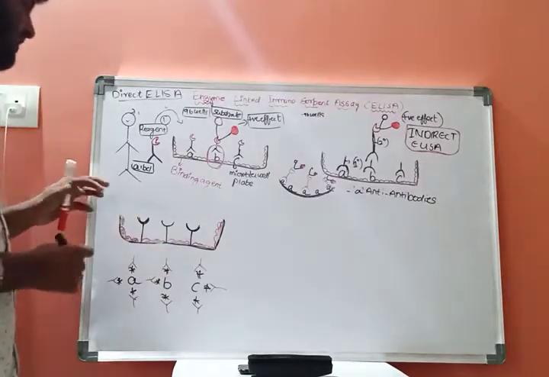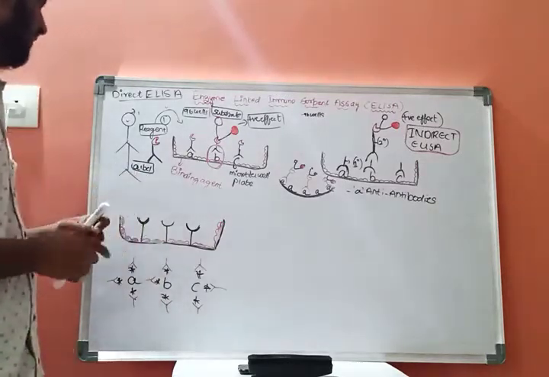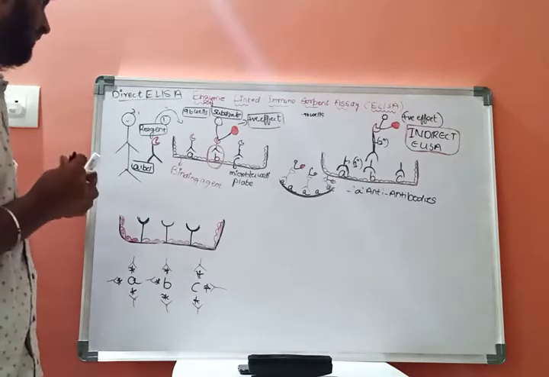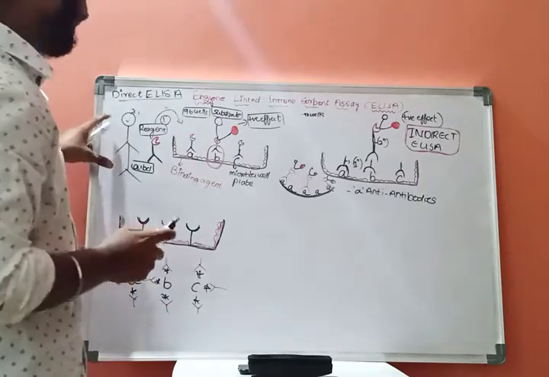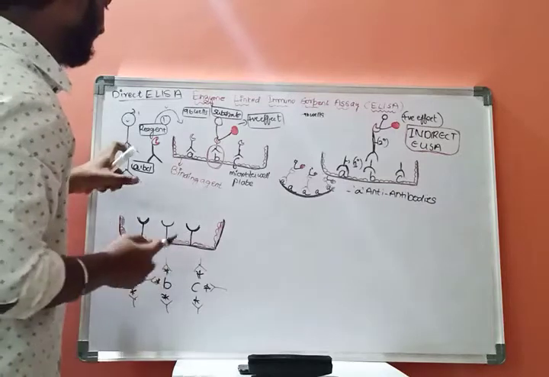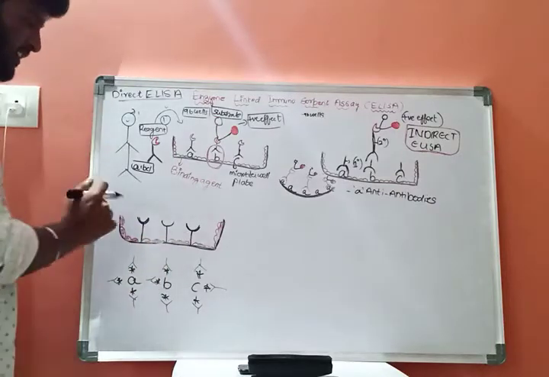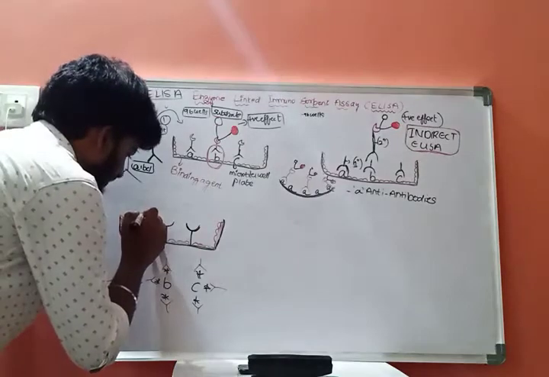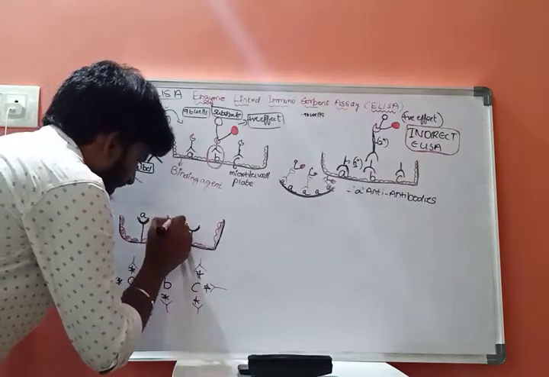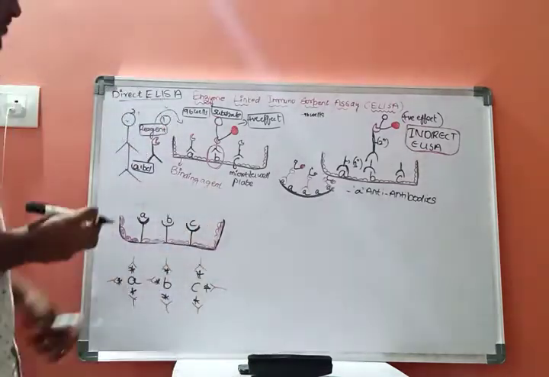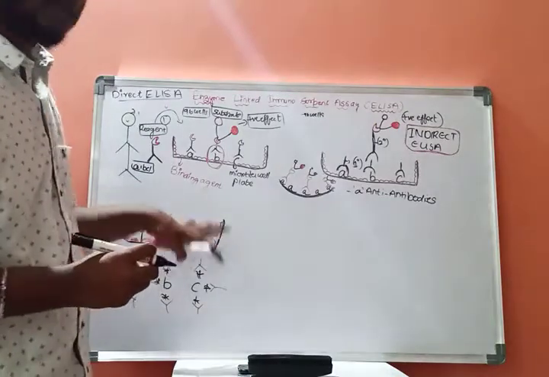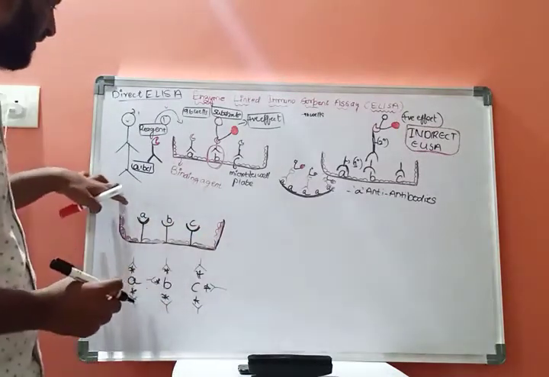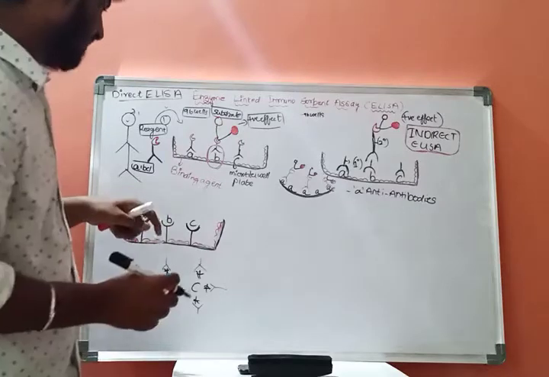And let us take plasma from this person, and it contains antigen A, antigen B and antigen C. So these are the three different types of antigens which are poured into the microtiter well plate.